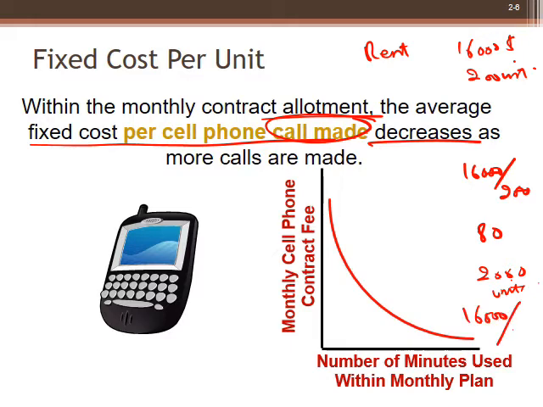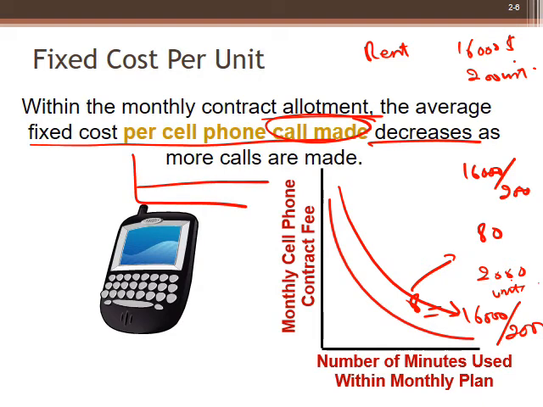Then 16,000 divided by 2,000, the answer would be 8. So the behavior of fixed cost per unit is that it decreases. That is also very lovely and strange, because fixed costs in total behave like a straight horizontal line, while per unit fixed cost is decreasing.